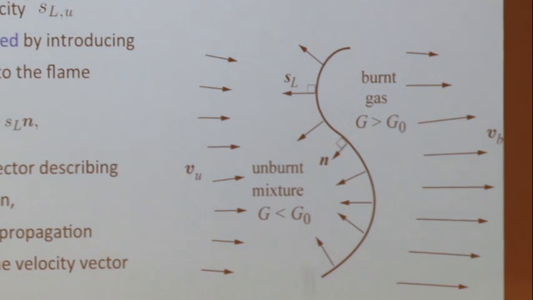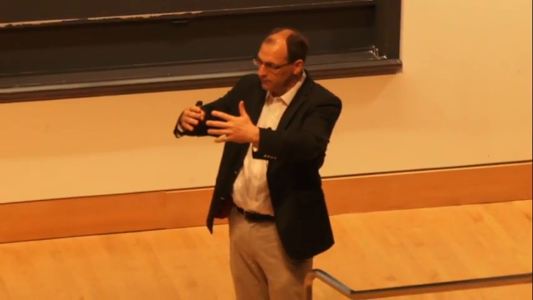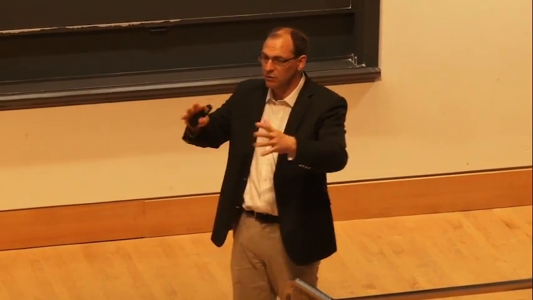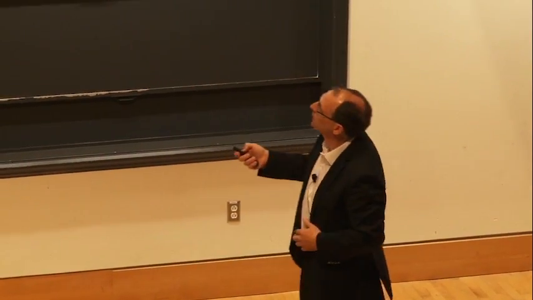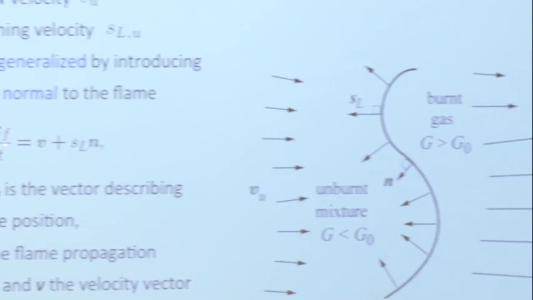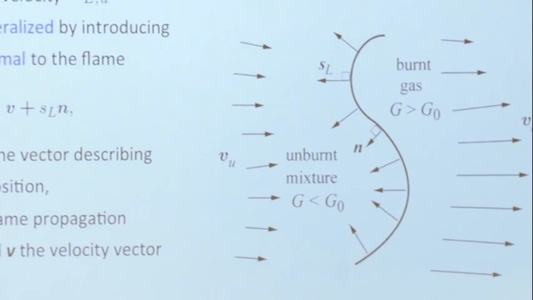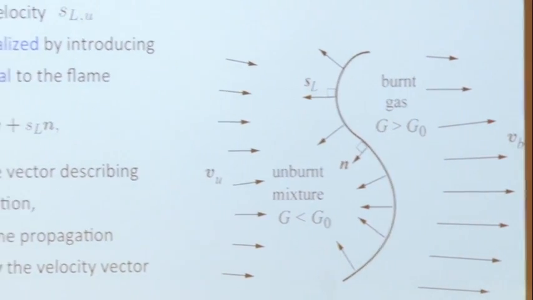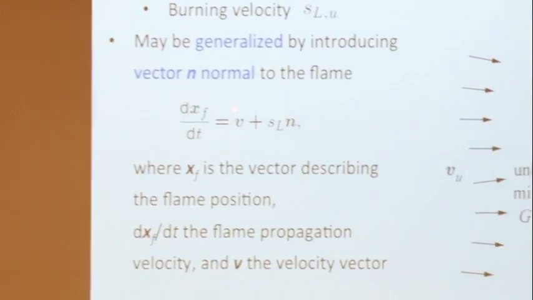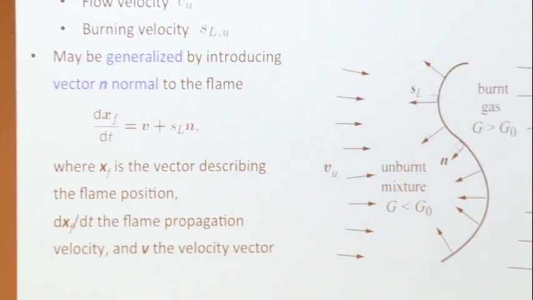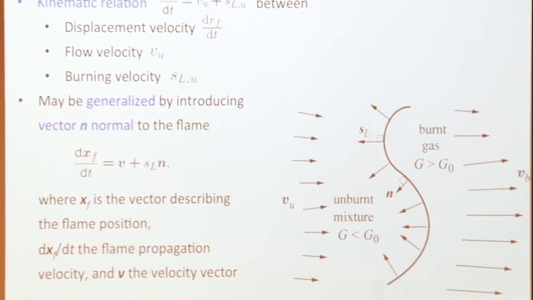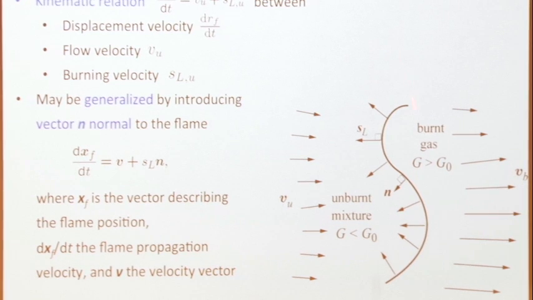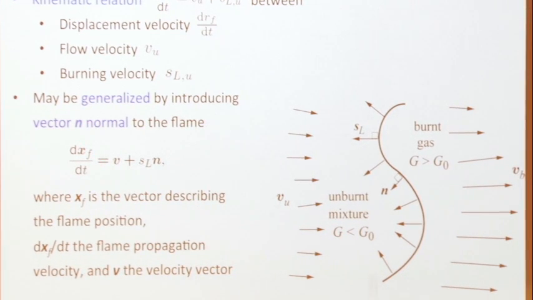One is the burning of the flame, and the burning of the flame always goes normal to itself. And the second is just the background velocity, which takes the whole flame and moves it from here to here. Okay? So that's written here now. This is a three-dimensional displacement, which is equal to the velocity field here plus the burning velocity times the normal vector to the flame front. Okay, so this vector always sits normal to the flame front.